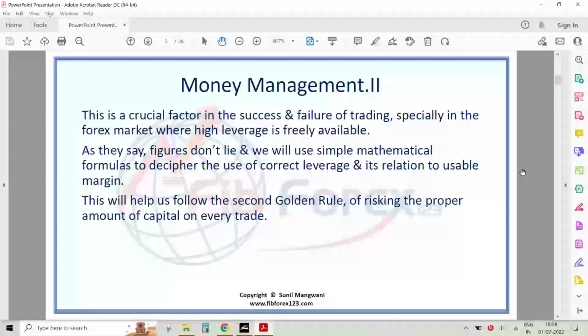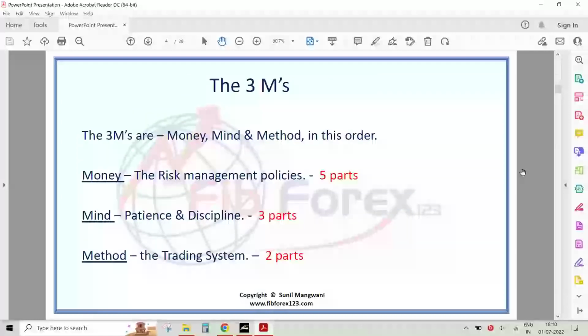And while it can be an advantage, it often turns out to be a disadvantage because, as they say, it's a double-edged sword. So we'll be going over some figures and simple mathematical formulas to decipher the correct use of leverage in relation to the usable margins, which will correlate to the second golden rule of risk management: how much of your capital should you be risking on each trade.